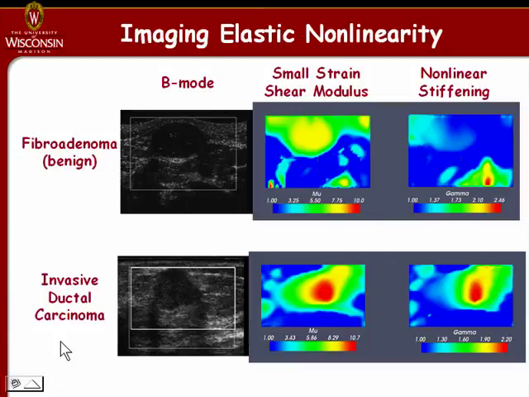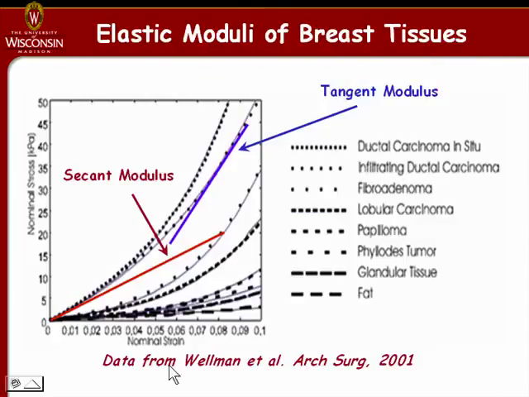On the other hand, the invasive ductal carcinoma has a stiff core area that is also quite nonlinear, stiffening much faster than the surroundings. So a nonlinear modulus reconstruction gives us a pair of summary images that tells us about the initial stiffness differences and the curvature of that stress-strain curve. Again, shown here, we're looking at the initial small strain modulus and then how much curvature there is in that stress-strain curve.